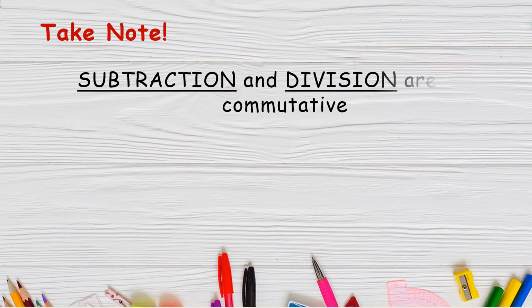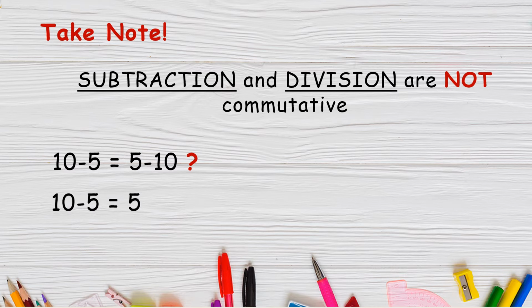Take note that subtraction and division are not commutative. Is 10 minus 5 equal to 5 minus 10? Since 10 minus 5 is equal to 5, and 5 minus 10 is equal to negative 5, hence subtraction is not commutative.